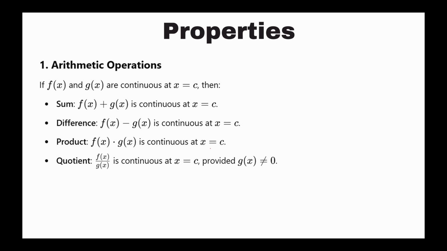Their product is also going to be continuous, and their quotient or division is also going to be continuous. Here, of course, this condition must also be applied that g of x is not equal to 0, because if g of x becomes 0, then our function would become undefined, and of course we cannot say whether at that point it is going to be continuous or not.